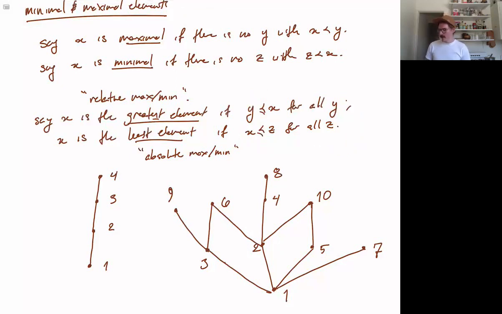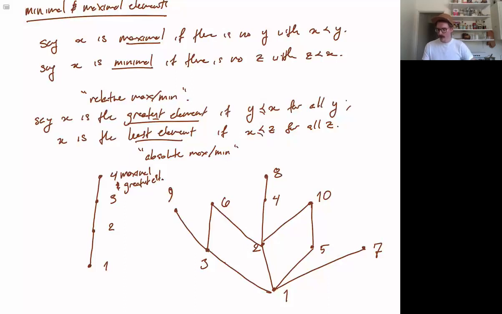So let's look at these two examples and let's label what kind of extreme elements we have in each. So for our linear order, on this side, the situation is fairly simple. 4 is maximal. It is also the greatest element.